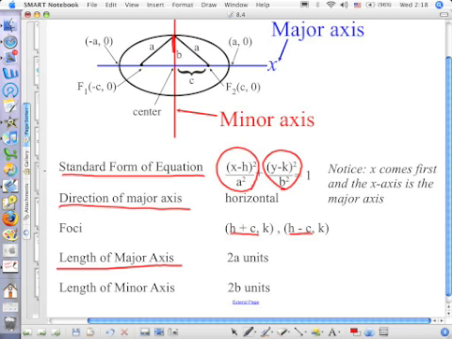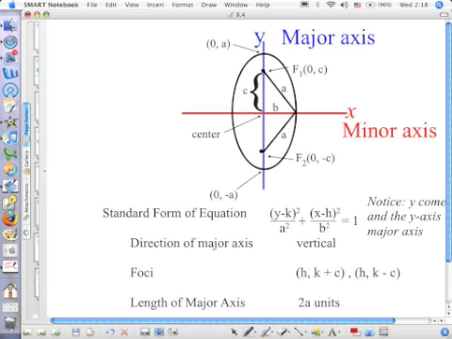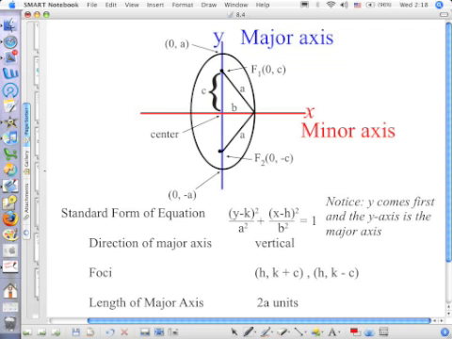Now the question was, what if it's not horizontal? What if it's vertical? Well, this is what happens. You don't have to redraw it, but you can just say if it's vertical, and then write the changes down. Notice, my major axis is now the y-axis. My foci now sit on the y-axis, because that's the major.